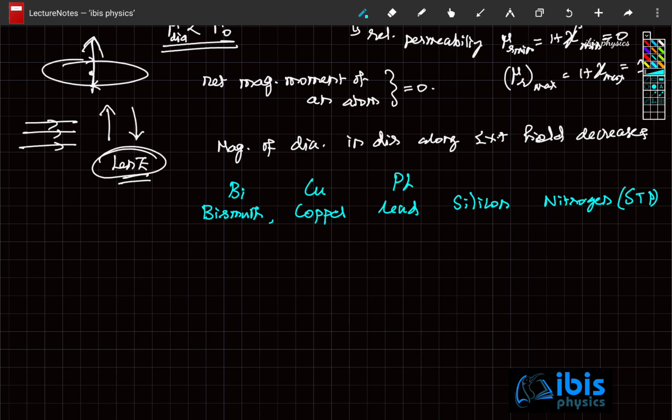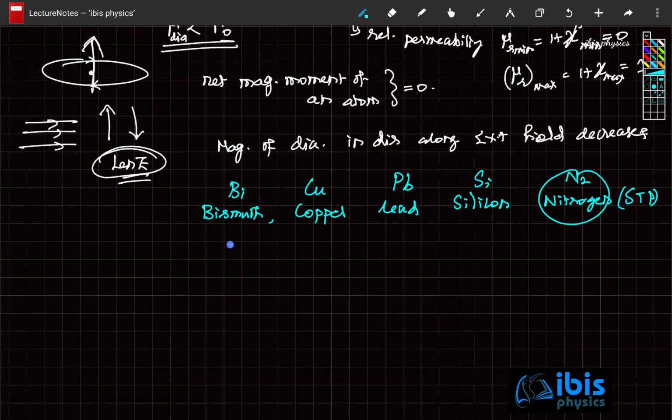Even water and sodium chloride are diamagnetic materials. So diamagnetism is present in all substances, but the diamagnetism is very weak. Even though that property is present in almost all substances, it is weak in nature.